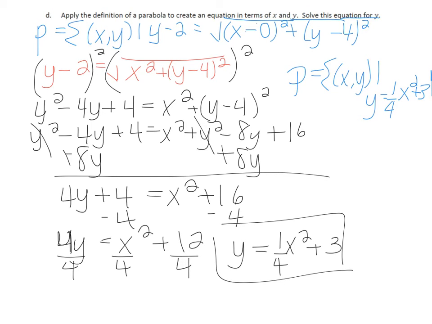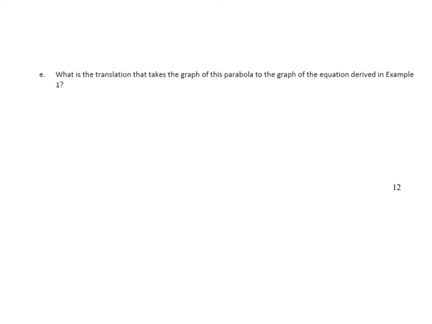So let's take a look at our last question. In the last question, they asked us to recall the equation that we derived in example 1, and they're simply asking what translation we will need to use on the equation we just derived to obtain the graph of the equation we derived in example 1.